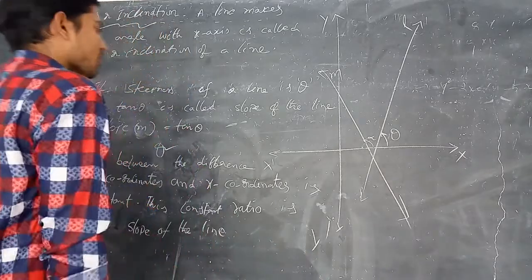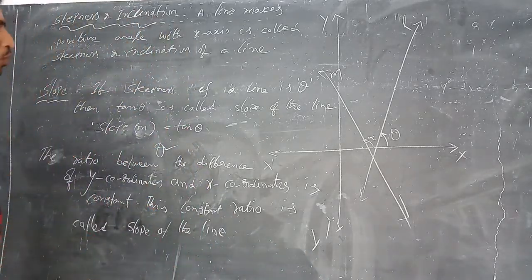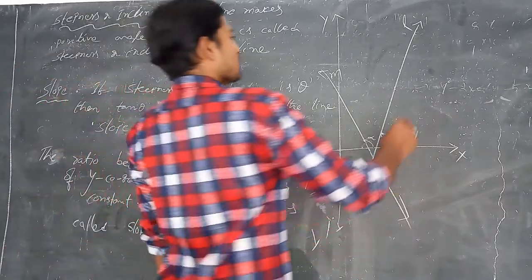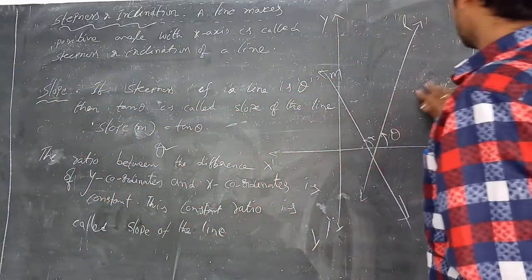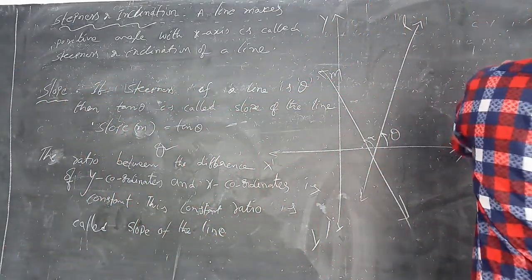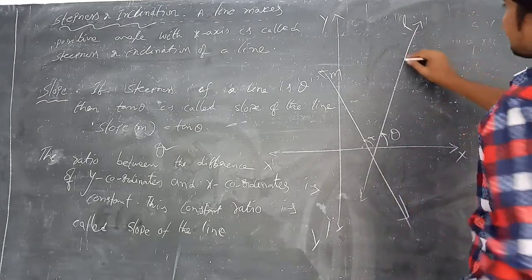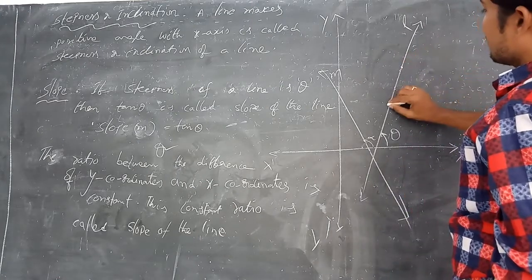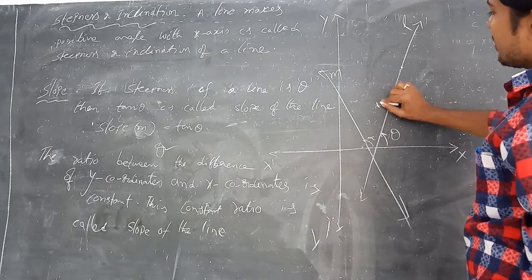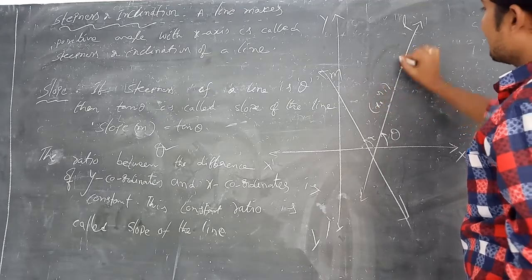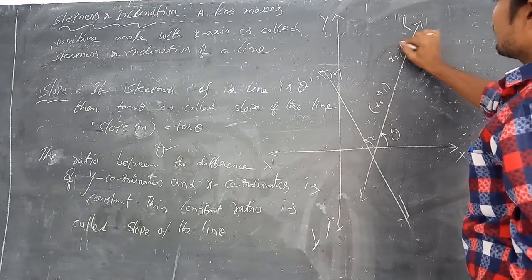Right? Let us suppose two points on a line, x1, y1 and x2, y2.